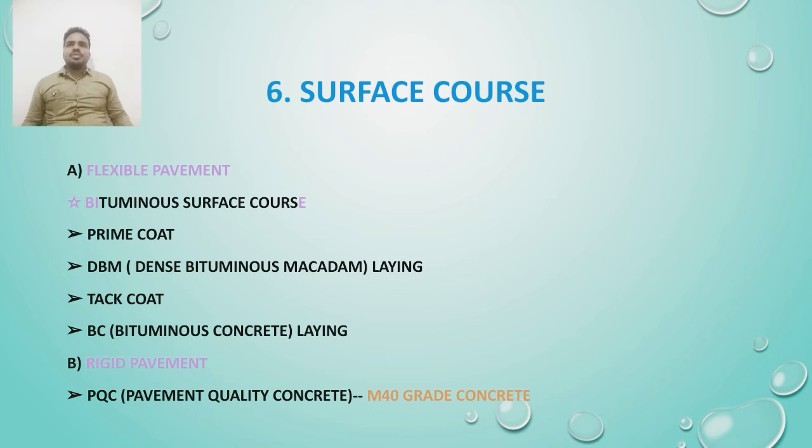It is a bituminous layer of thickness about 50 mm to 125 mm and laid in a single layer using 30 mm downgrade aggregates heated and mixed with bitumen in a HMA plant, hot mix asphalt plant, in accordance with an approved mix design.